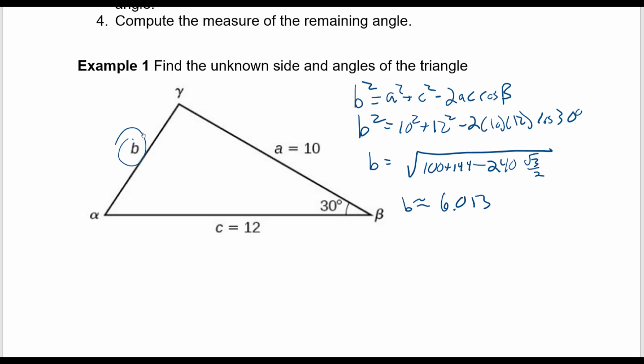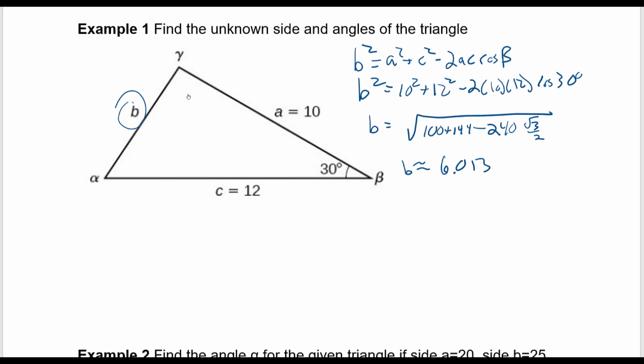So now we can use law of sines to find the next angle. Now, my recommendation is find the smaller angle. That way we can avoid, using law of sines, having the ambiguous case. So the smaller one has to be acute. The other one that's larger could be acute or could be obtuse. So find the smaller one.